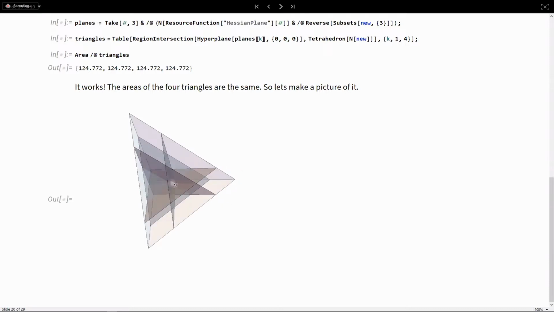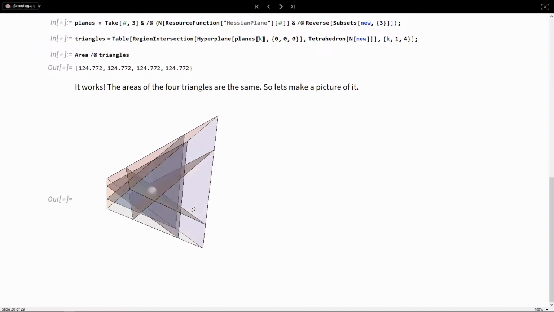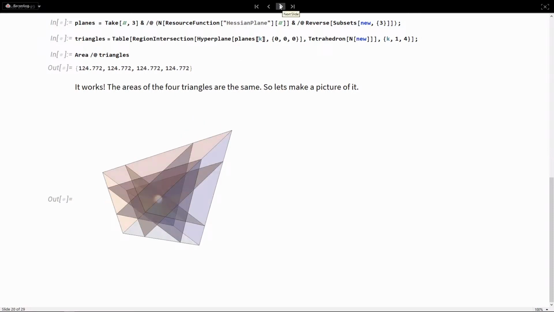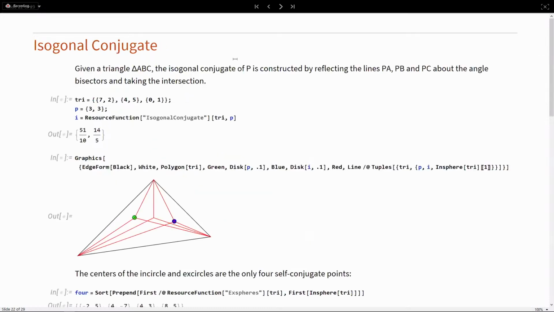There's not many tetrahedron centers known, so we've been trying to build up a little database for when they work. And I've got a demonstration that has many of these tetrahedron centers, and I need to update that one to include many of these new points and to update the code to use WFRs that we've been putting together.